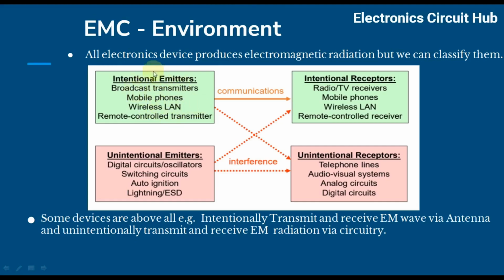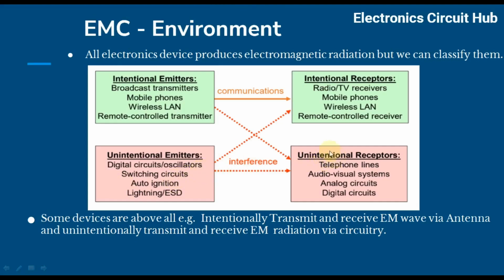Okay, these are called intentional emitters. And there are some devices called intentional receptors, like TV receiver, mobile phone, wireless LAN. Some devices are called unintentional transmitters or emitters, like digital circuit, oscillator, switching circuit, audio ignition, lighting, ESD. Okay, and that causes the interference.